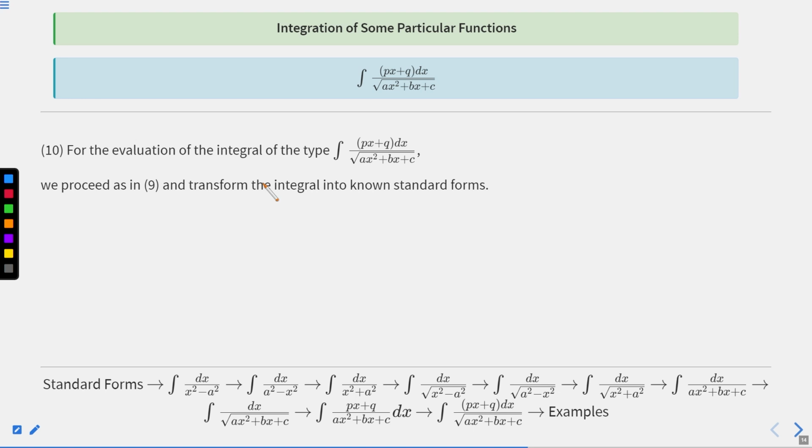So for now, this is it for the theory part. We'll be back with examples and the exercise based on this concept, the integration of some particular functions. Okay, so thank you all.